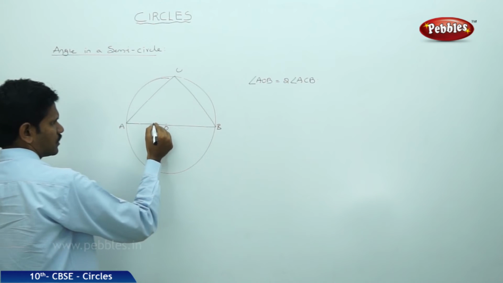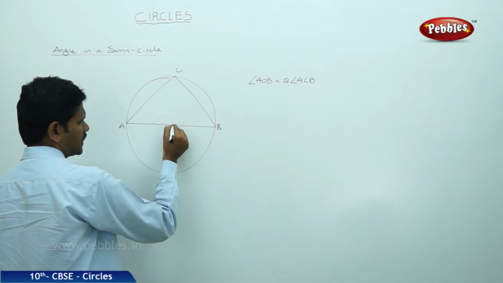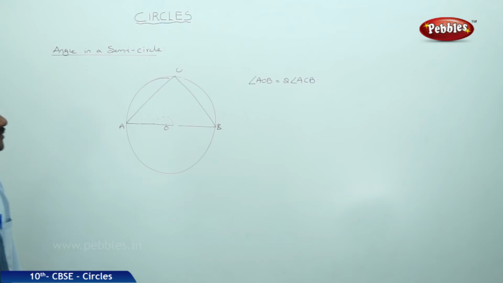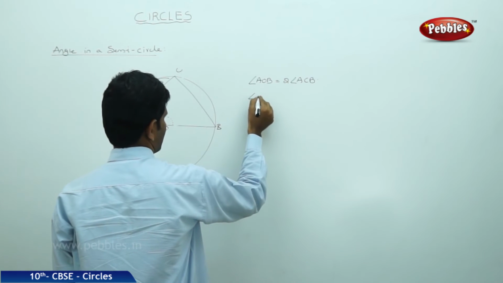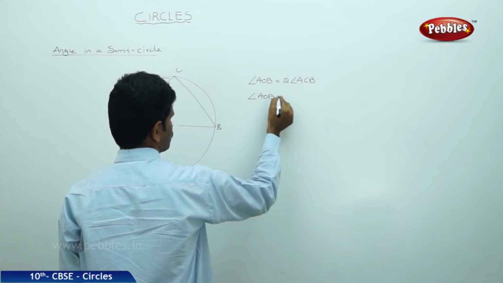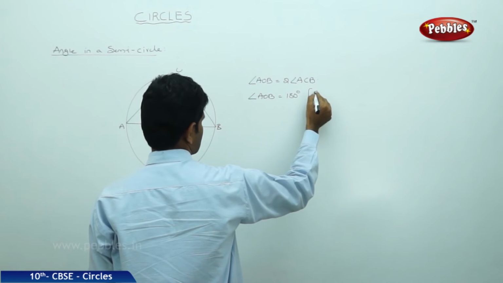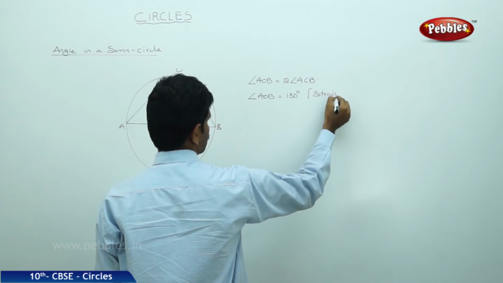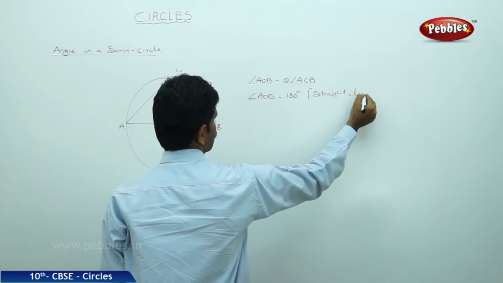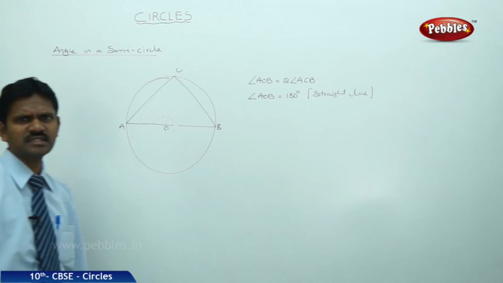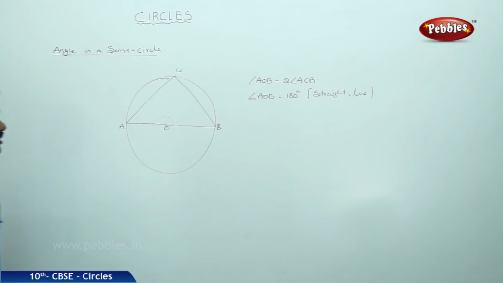But AOB is a straight line. That is, angle AOB measures 180 degrees, since it is a straight line. Angle on the straight line is 180 degrees.